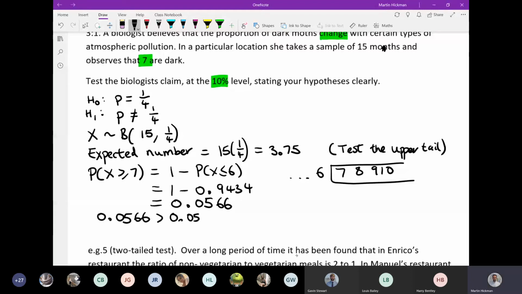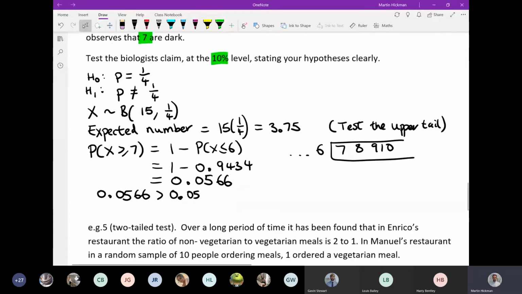So whilst this probability is low, it's not low enough for me to reject H0.